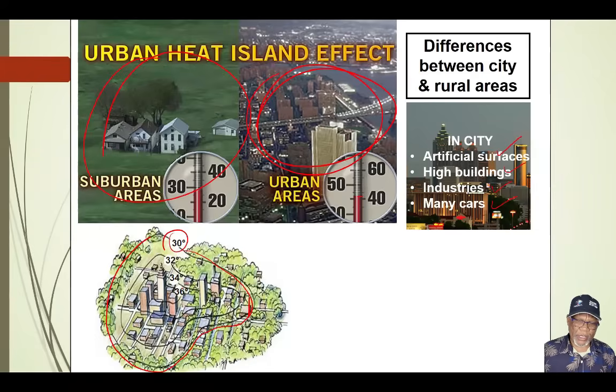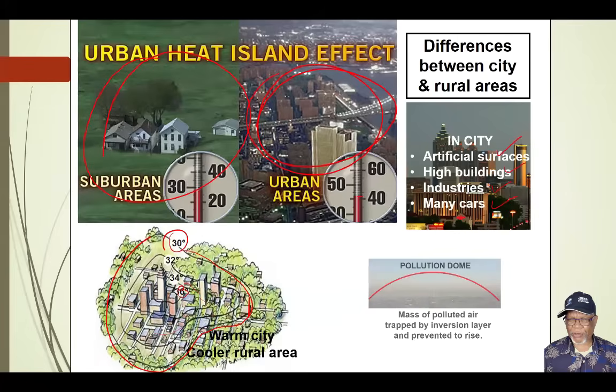But when you go to the center here, the temperatures are around 36 degrees. Why? Now you can start looking at the artificial surfaces. You can think that these are tall buildings that are absorbing more heat. There will also be more activities and more vehicles. So this is the reason why urban areas will be warmer than rural areas.